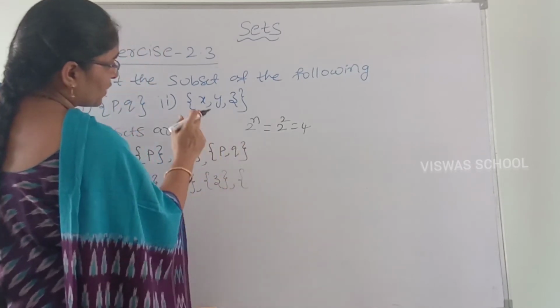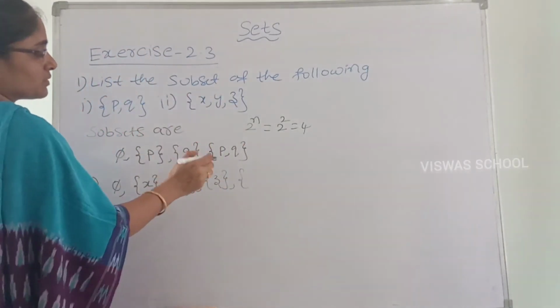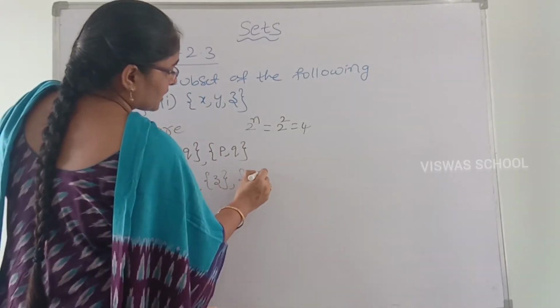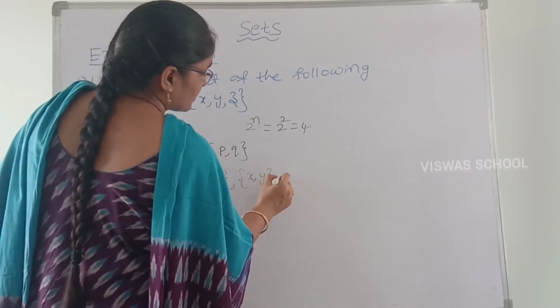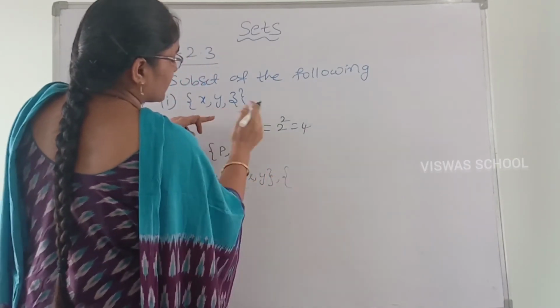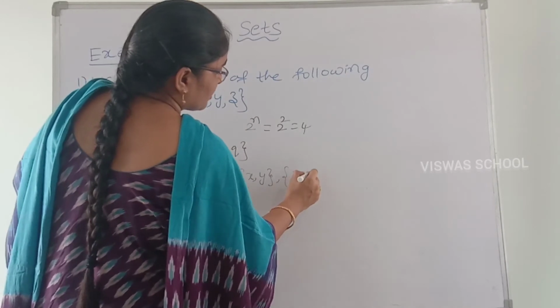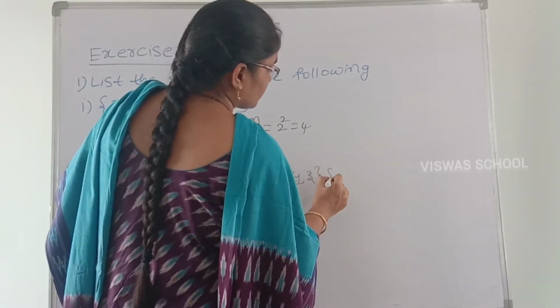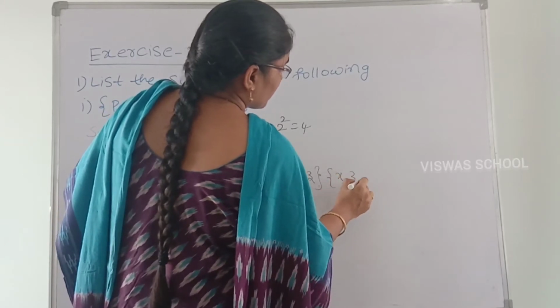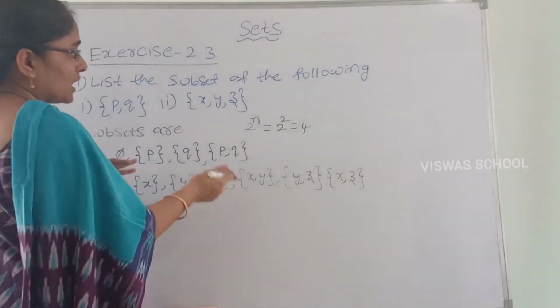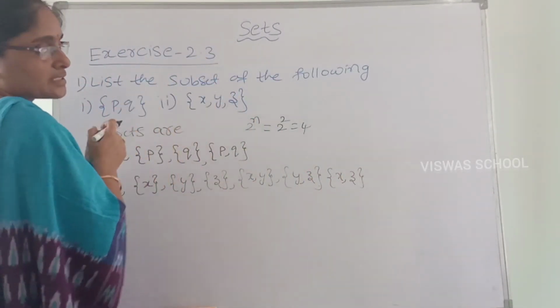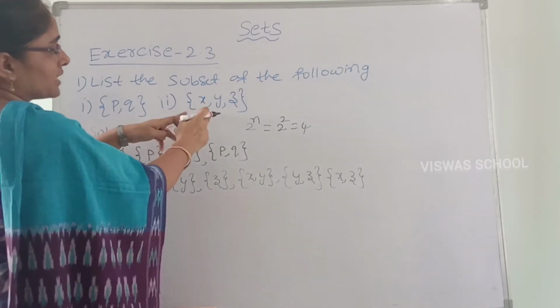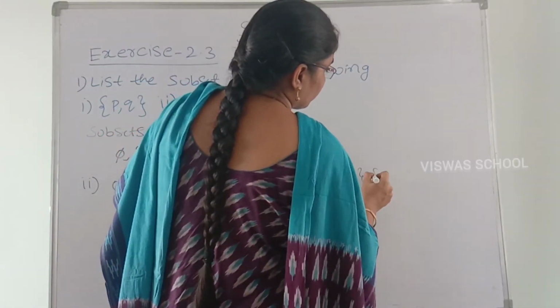And next one is {x, y}, which is also a subset. And next one is {y, z}, and next one is {x, z}. After that, every set is a subset of itself, that is {x, y, z}.